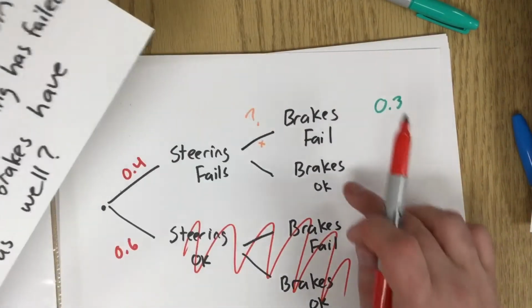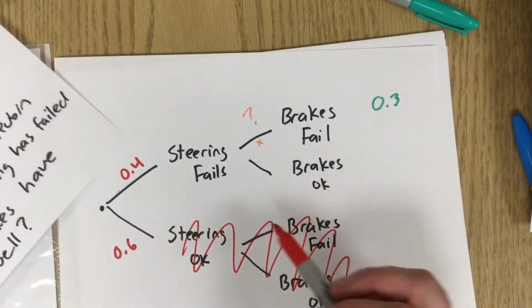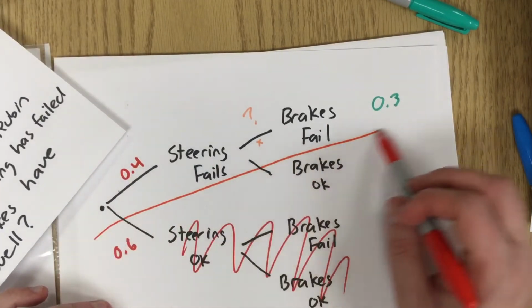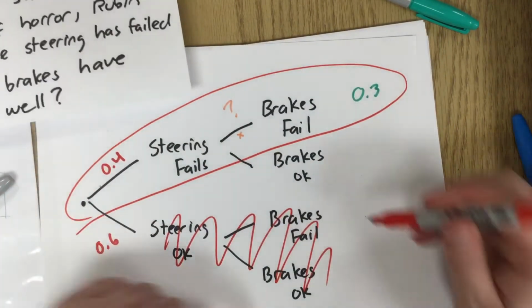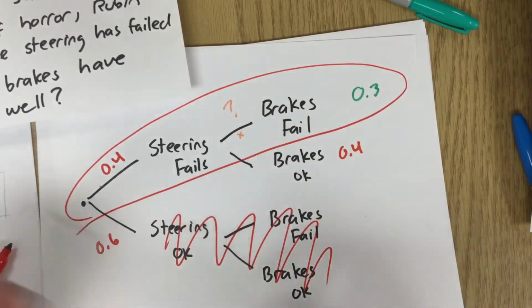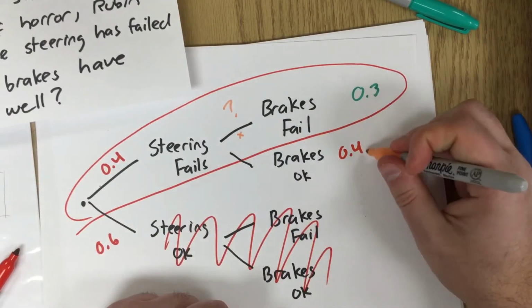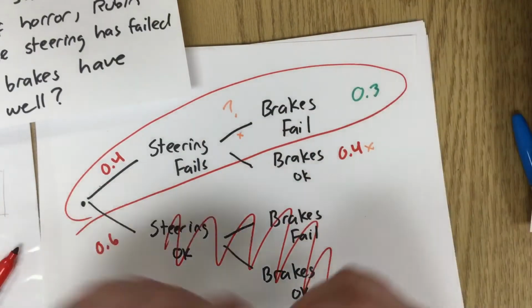And I don't actually care about the probability of the brakes being okay. I want to know the probability of the brakes failing. So we're really zooming in on this part of the situation. So what we're saying is 0.4 times the probability of the brakes failing given that the steering has failed is equal to 0.3.